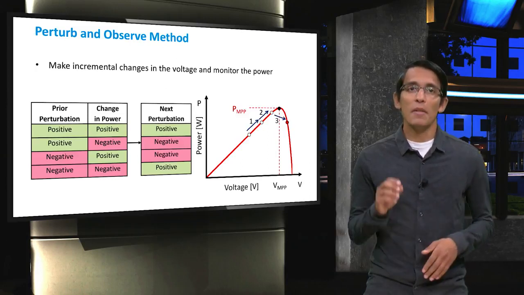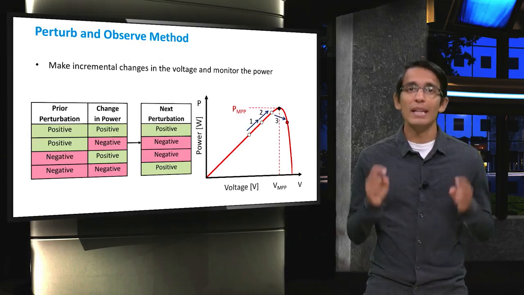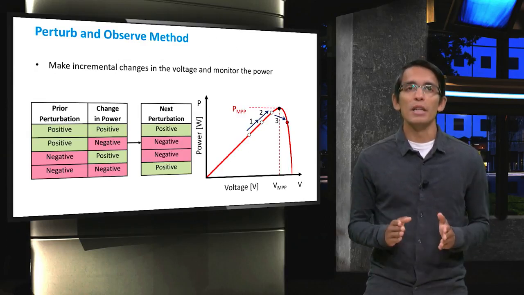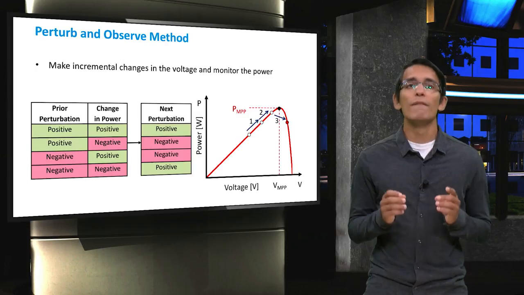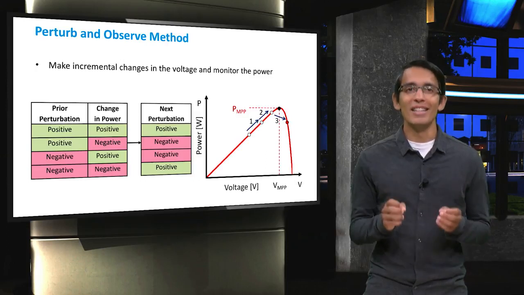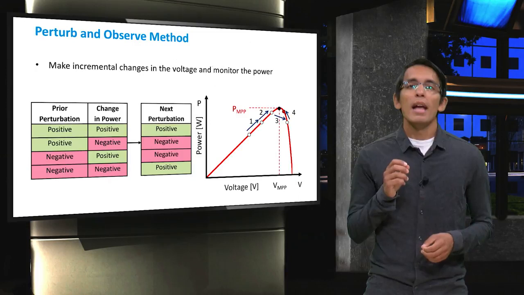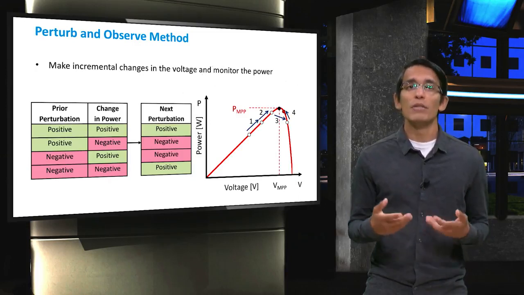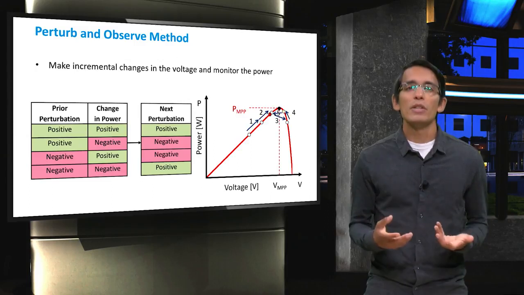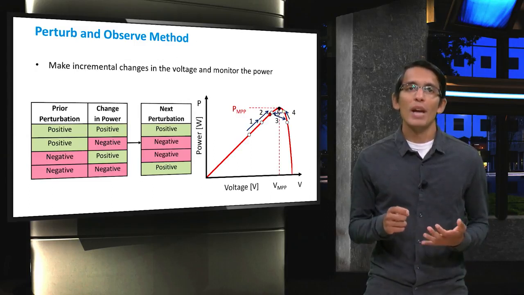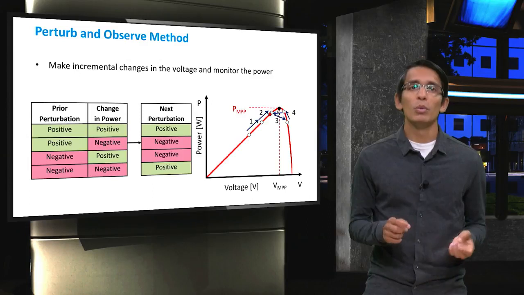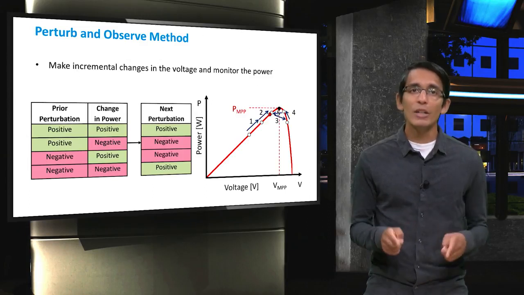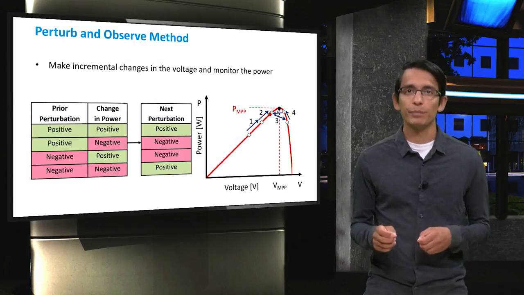Now you see that the increase in voltage has resulted in a decrease in power. This means we will reverse our voltage perturbations and decrease our voltage. A slight increase in power is observed, so we will further decrease the voltage. Now you see that after this perturbation, we end up with a decrease in power, so we will reverse directions again and increase our voltage in the next move.